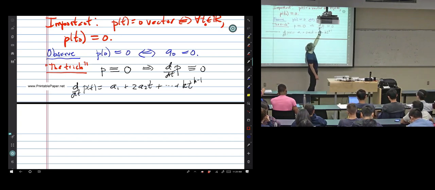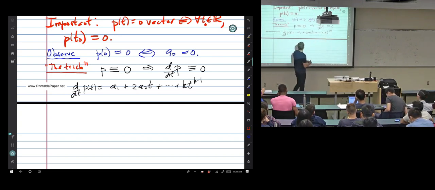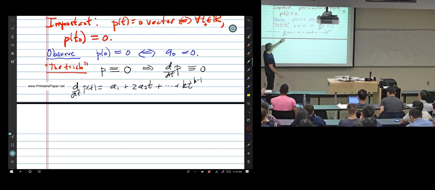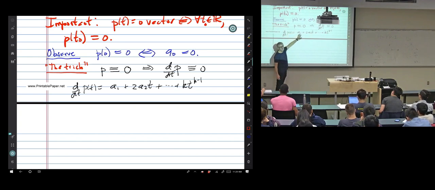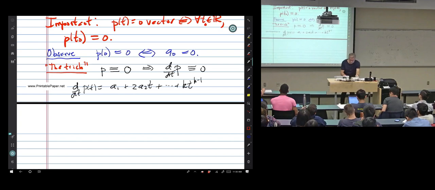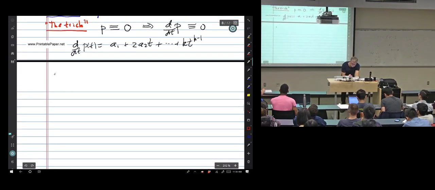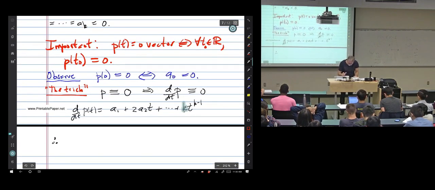So if this is equal to the 0 vector, okay, I now evaluate it at t0 equals 0, and I get A1 equals 0. So conclusion. Oh, I missed my k times Ak, I put it here. Is that better?